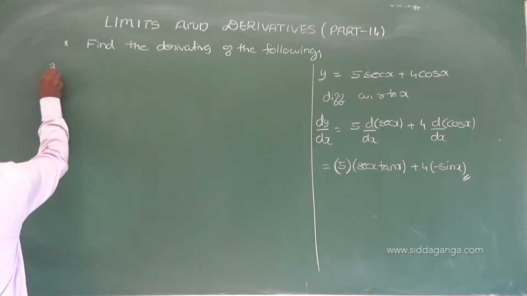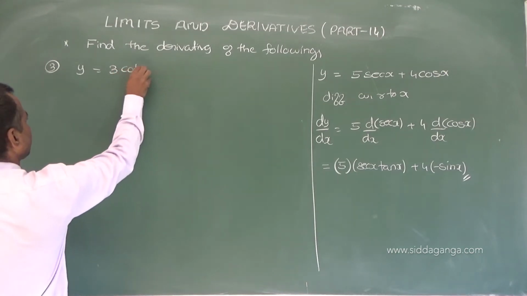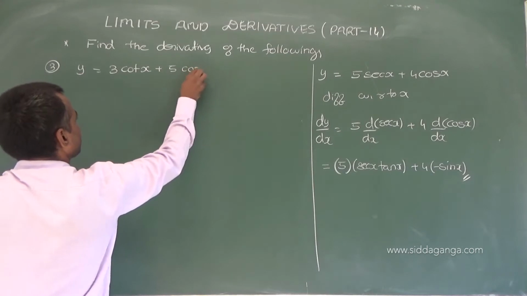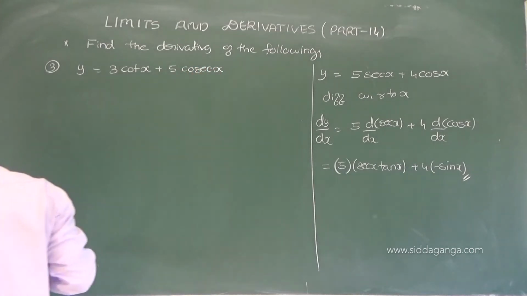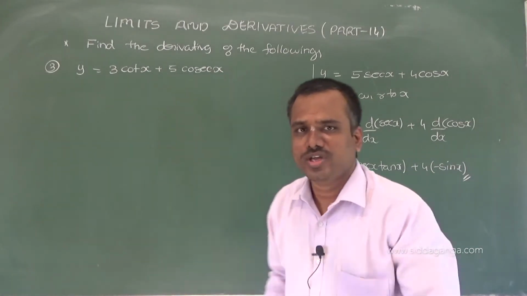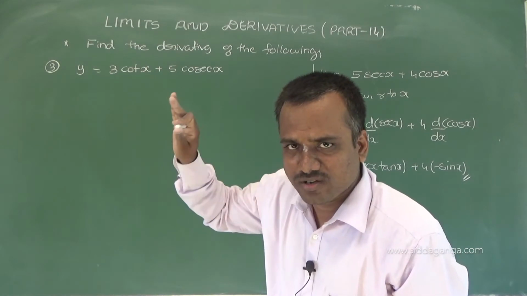So third problem, y is equal to 3 cot x plus 5 cosecant x. Observe, again it is in the form of constant into function, then addition.